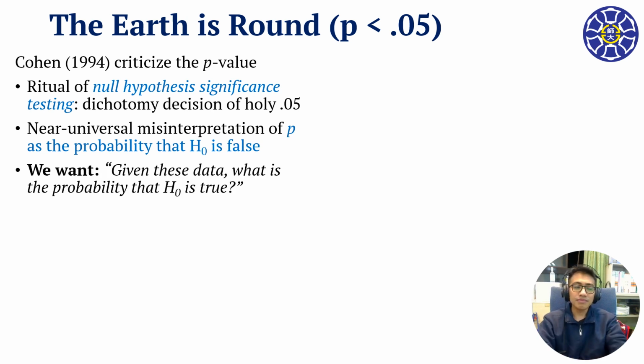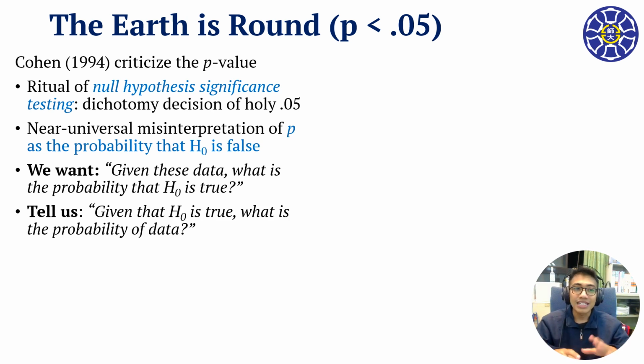Actually, what we want to know in our data, because we're collecting a lot of data, is: given this data, what is the probability that the null hypothesis is true? That is what we want. But the p-value only tells us that, given the null hypothesis is true, what is the probability of the data?